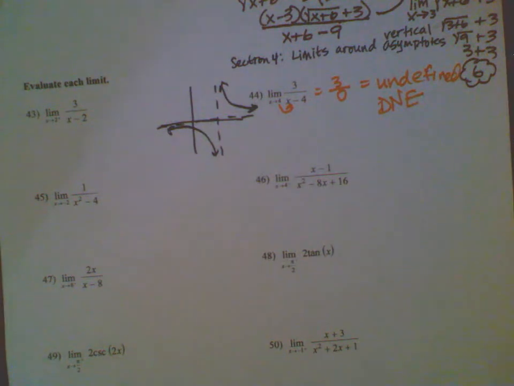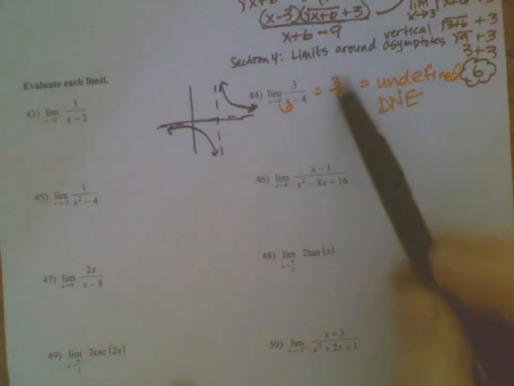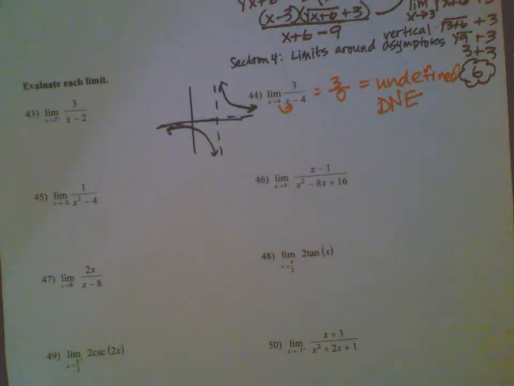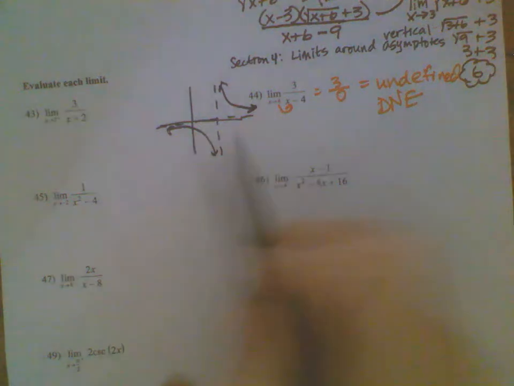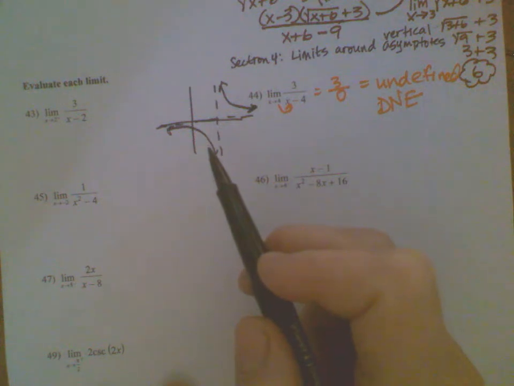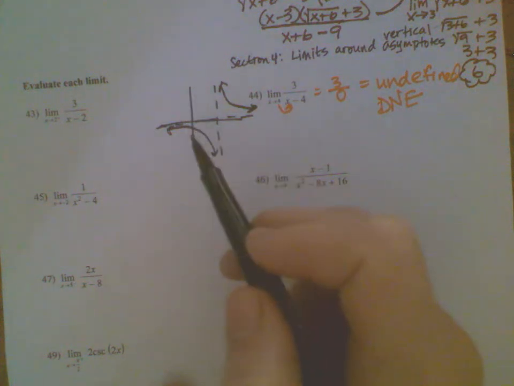So what we're going to do when we get an undefined or does not exist, instead of sketching a graph, which is not always the most efficient method, it can go pretty quick, it didn't take me too long to do that graph.